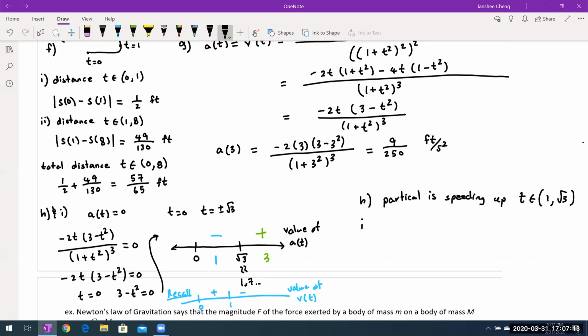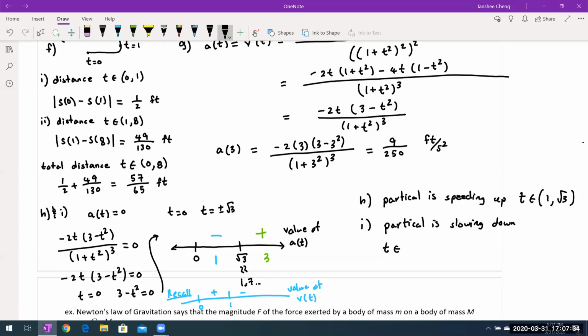And for the i part, the particle is slowing down when the velocity function and the acceleration function have different signs.